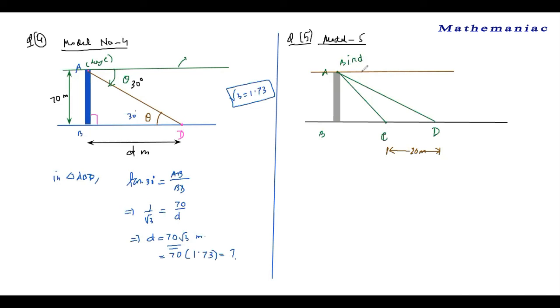The bird is looking at the dogs with two different angles of depression, one 30 degrees, another 45 degrees. So by the alternate angle theorem, this will be 45 and this will be 30. Now my question is, at what height is the bird sitting? Or in other words, if the bird is sitting at the top of the tower, what is the height of the tower?